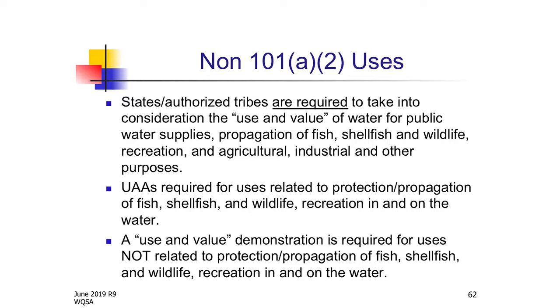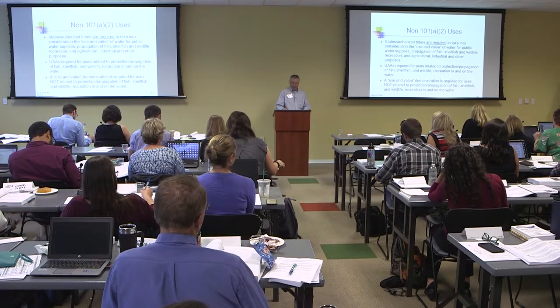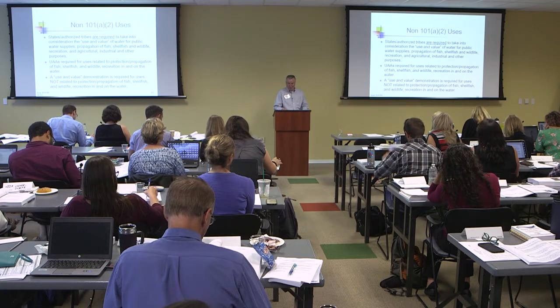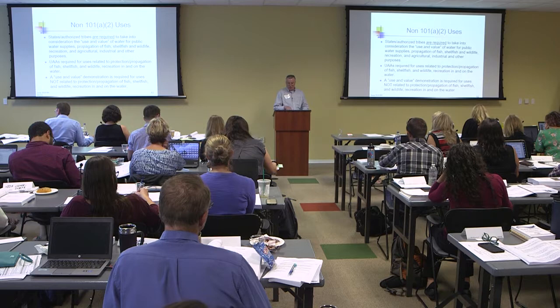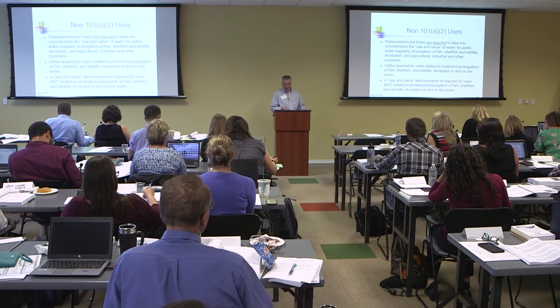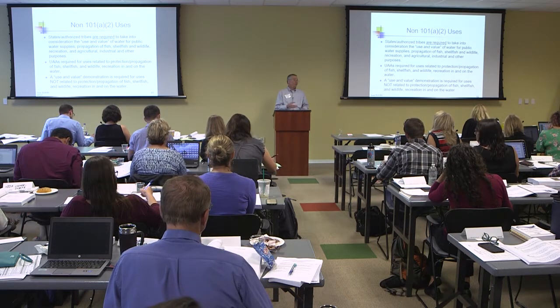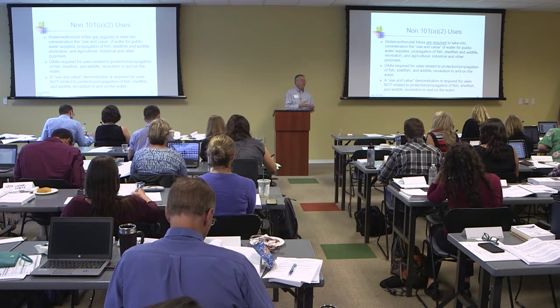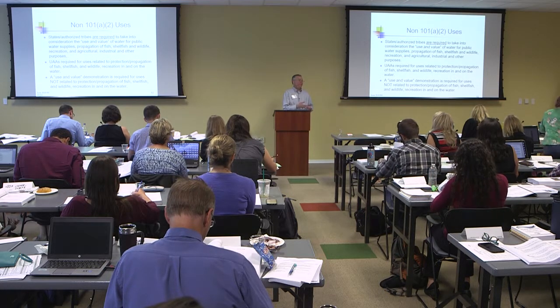So it's all inclusive, and that's where the language of use and value is used in that part of the statute. So when you're talking the non-101A2 uses, they don't have the requirements that the 101A2 have, which is more prescriptive.